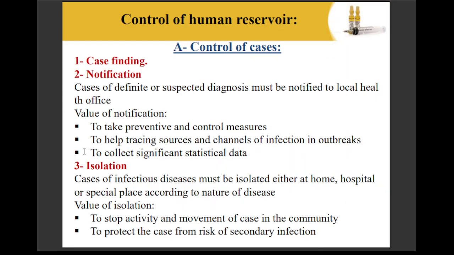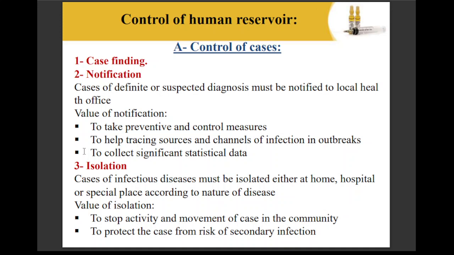Now, control of human behavior, control of cases: there can be case findings and notifications. We can consider COVID-19 in front of us and read all these things. Cases of definite or suggestive diagnosis must be notified to a local health officer. The value of the notification is to take preventive and control measures.